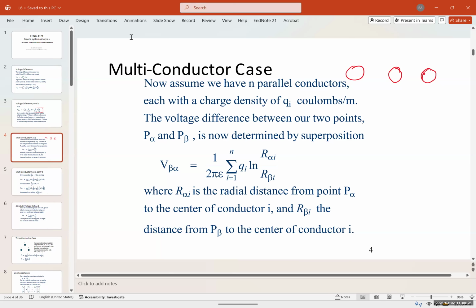So it's a summation over all the conductors in parallel, where R alpha i is the radial distance from point P alpha to the center of conductor i, and R beta i is the distance from P beta to the center of conductor i.